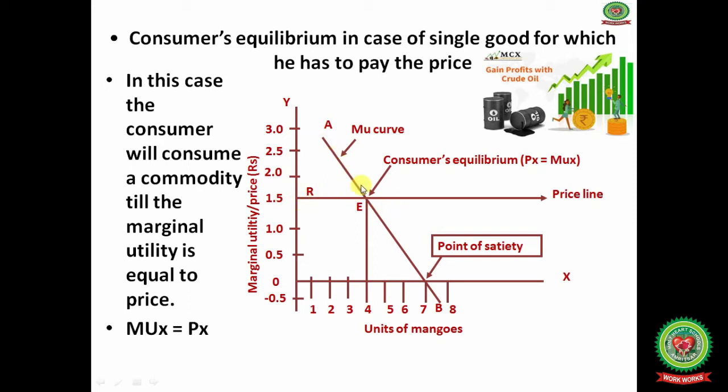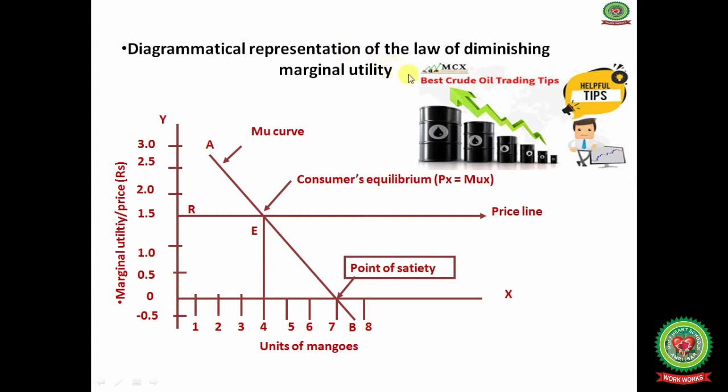After joining these points, we will get a downward sloping marginal utility curve which cuts the x-axis at point 7, where the marginal utility is equal to 0, and that point is known as the point of satiety. Now the price is given, that is 1.5 for each mango.